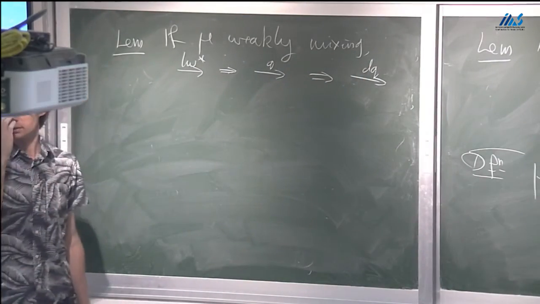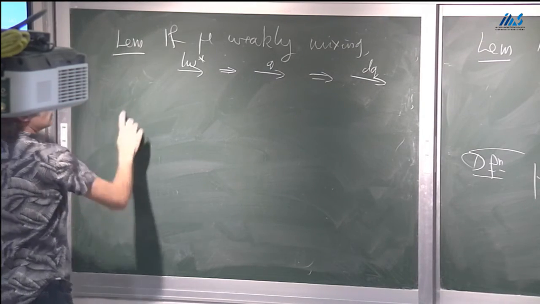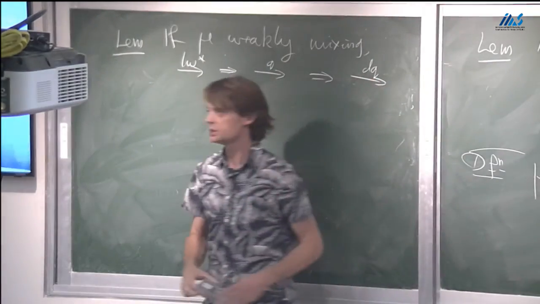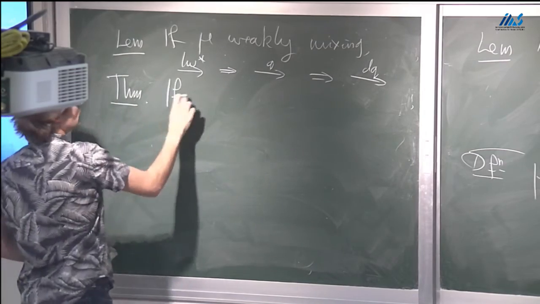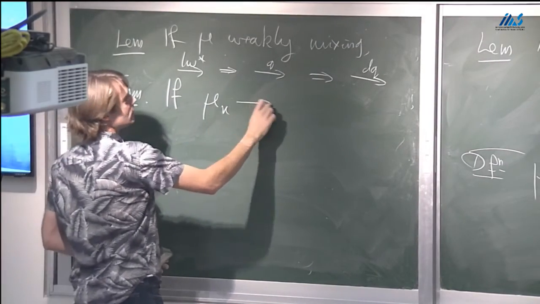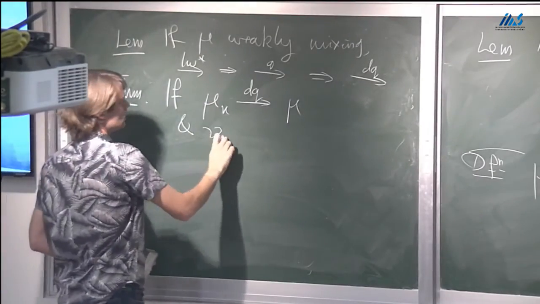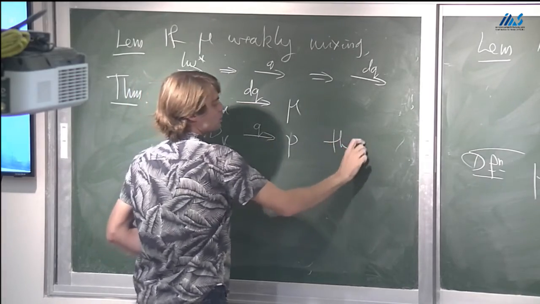There's no difference for any of these. Okay? But there are also analogues in the theorems you can prove about doubly quenched convergence. And here's an example that gives you a flavor of the results. If mu n doubly quenched converges to mu, and nu n quenched converges to nu, then the product works out.